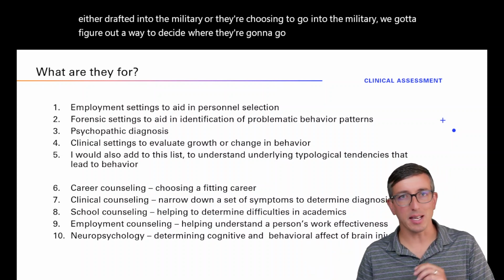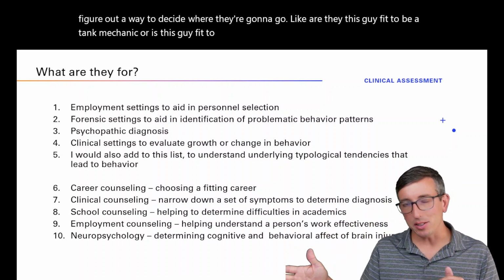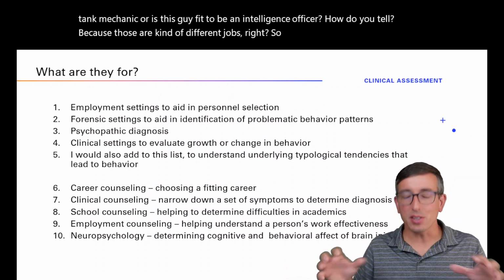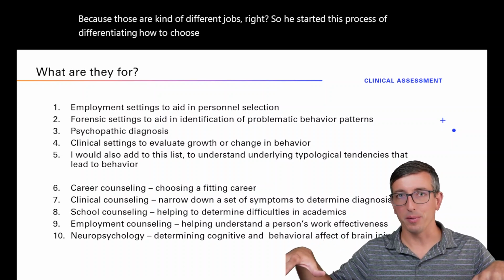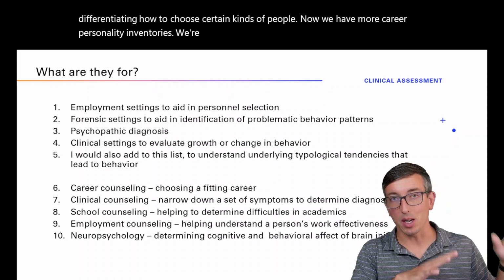Is this guy fit to be a tank mechanic, or is this guy fit to be an intelligence officer? How do you tell? Because those are different jobs, right? So he started this process of differentiating how to choose certain kinds of people. Now, we have more career personality inventories that we're going to go over in a couple weeks, but we'll save that for now.